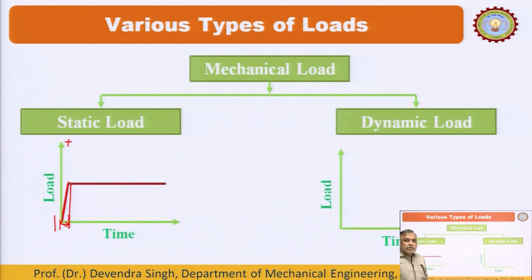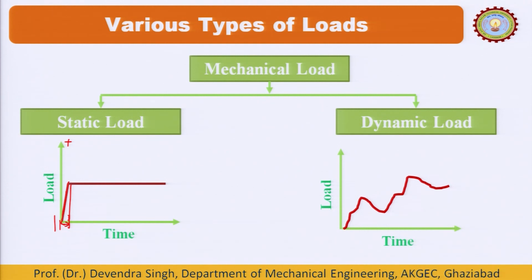Next is the load-time diagram for the dynamic load. Here the load is positive, it is not going on the other side, though it may go on the other side also, but it is varying in magnitude. At this time this is the magnitude, at this time this is the magnitude.